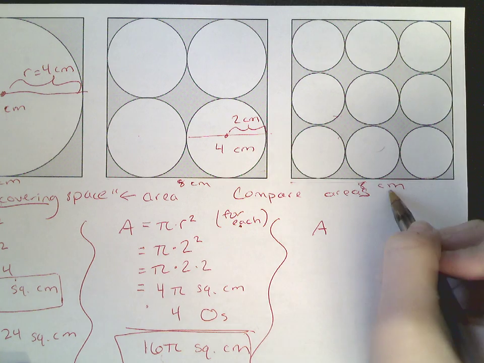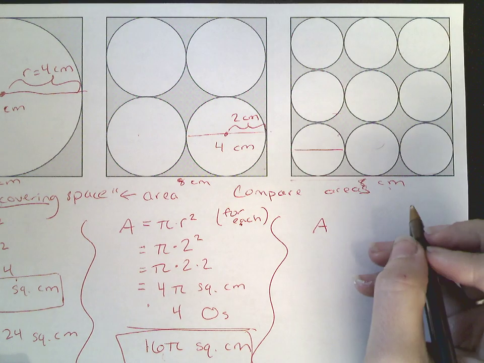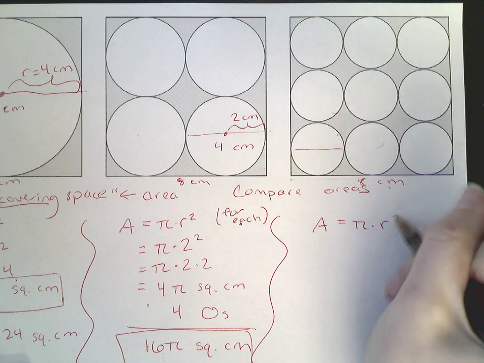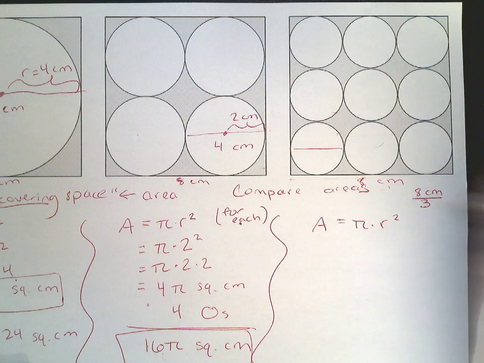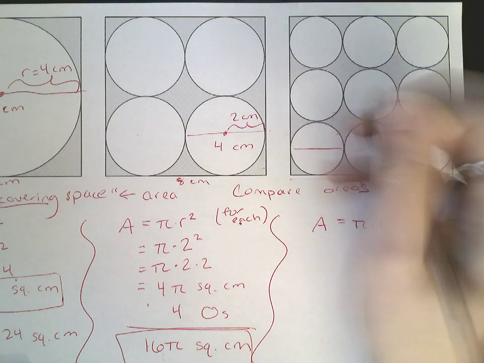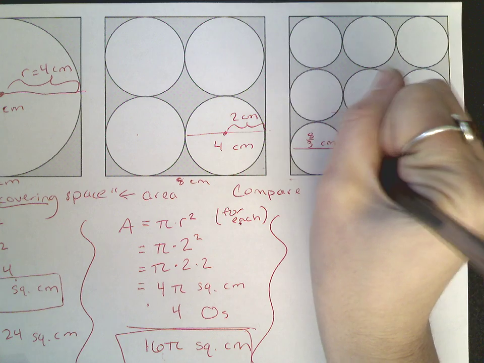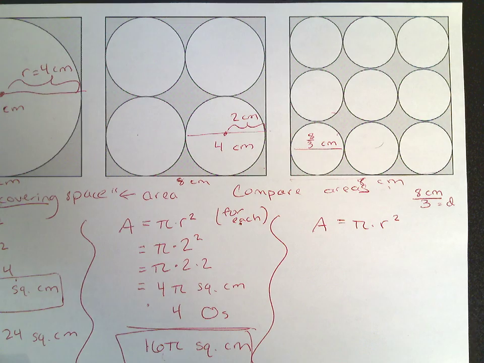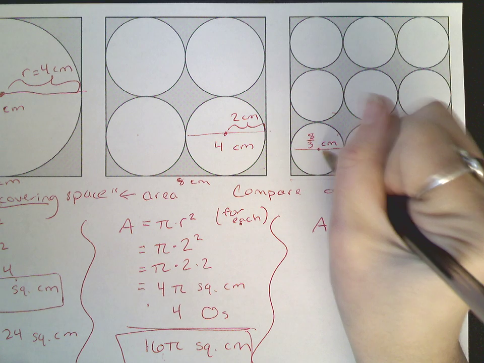So we have 8 centimeters across, but we have 3 circles that we need to split up. So we can take 8 centimeters divided by 3. Well, that's a fraction right there. We can just say that the diameter is 8/3 centimeters. And if our diameter is 8/3, now we want just the radius.